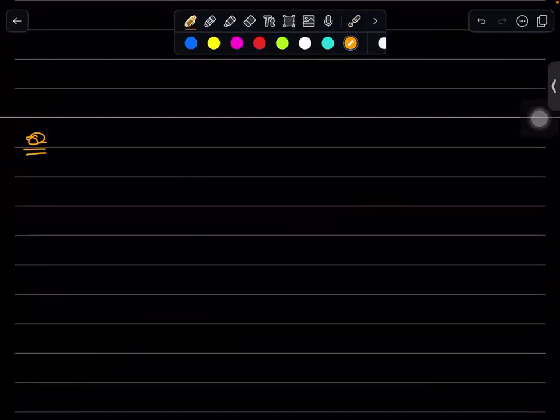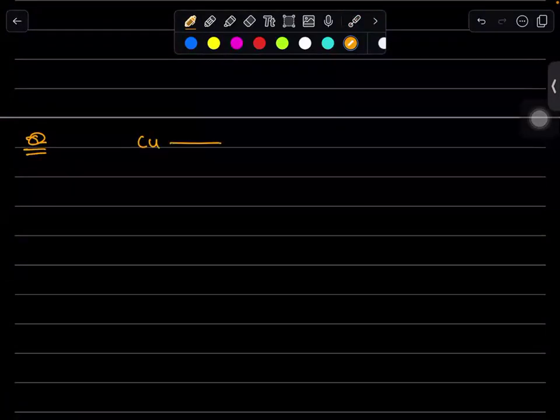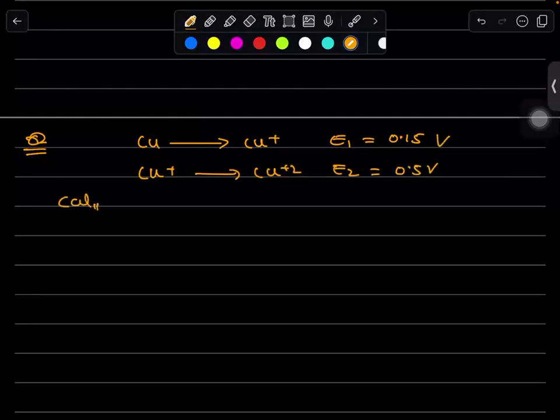Cu becoming Cu plus, E1 value 0.15. Cu plus becoming Cu2 plus, E2 value is 0.5 volt. Calculate the E3 value for Cu giving Cu2 plus. Just try this one.